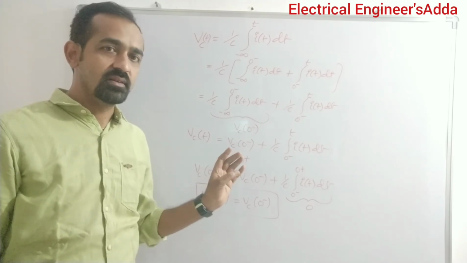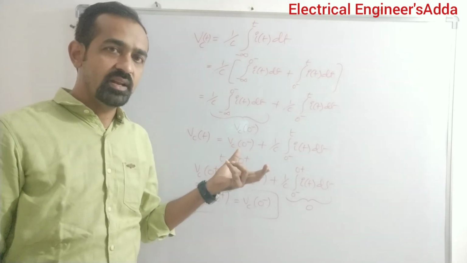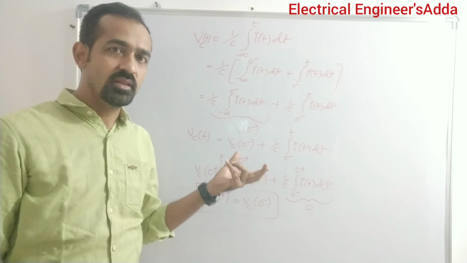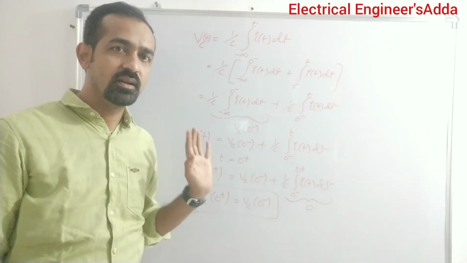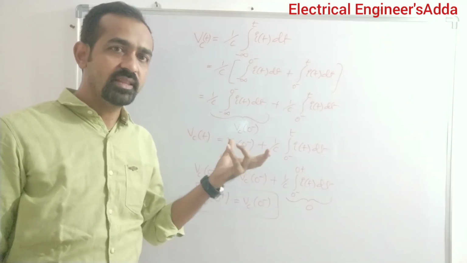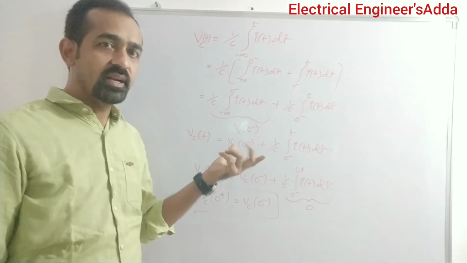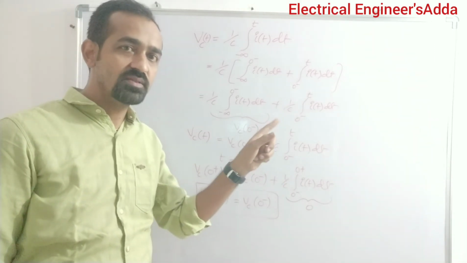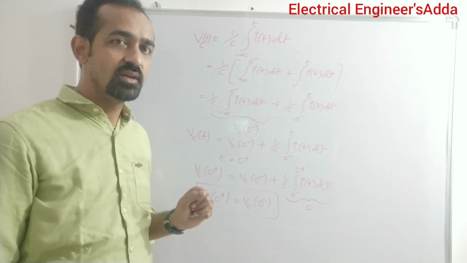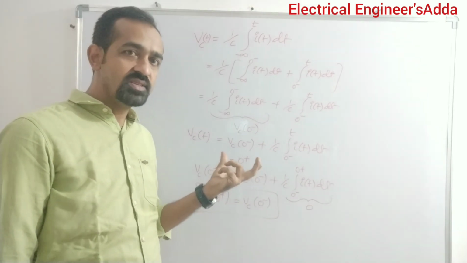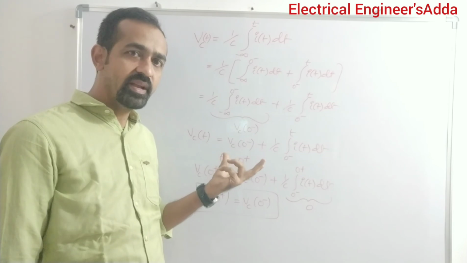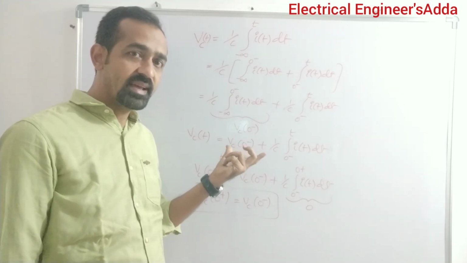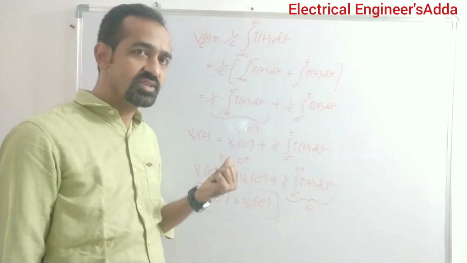For a resistor, if there is an instantaneous change in voltage, then there is an instantaneous change in the current. If we take the inductor, the inductor does not allow sudden changes in the current: IL of 0 plus is equal to IL of 0 minus. If DC values are considered for an inductor, the inductor acts as a short circuit in steady state condition.